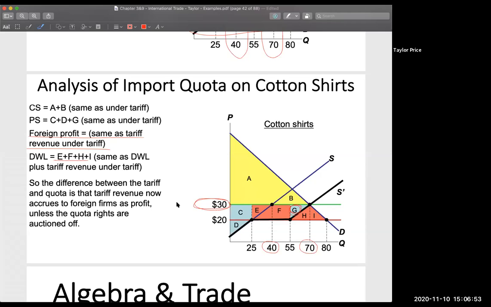And just one more thing on quotas, because I know they are kind of weird, is that most of the questions on the exam are usually not going to be asking you about what the reduction is.